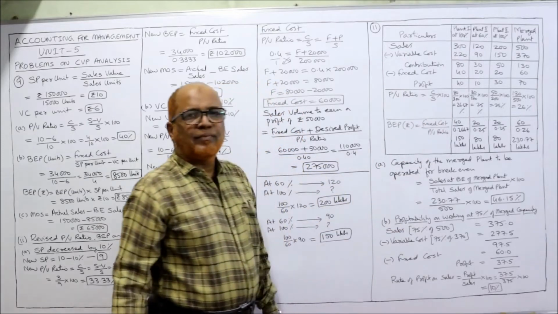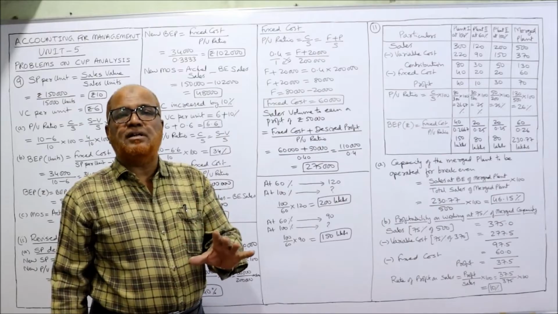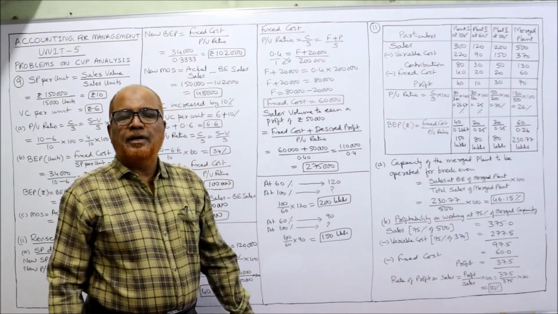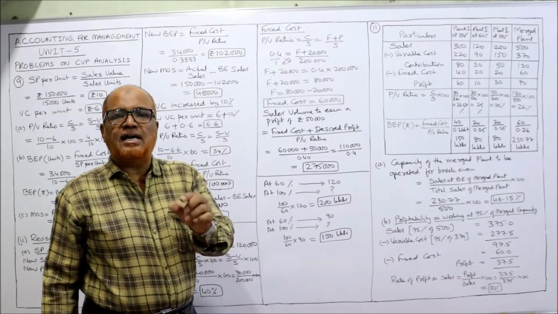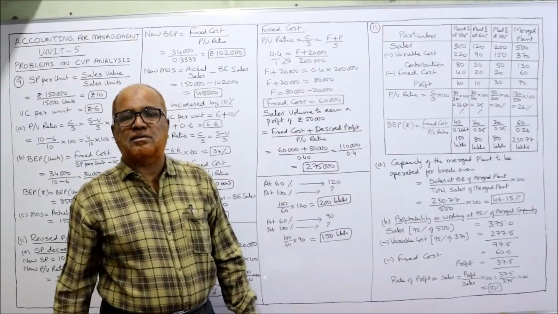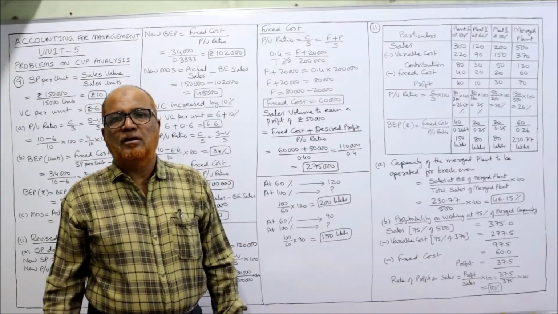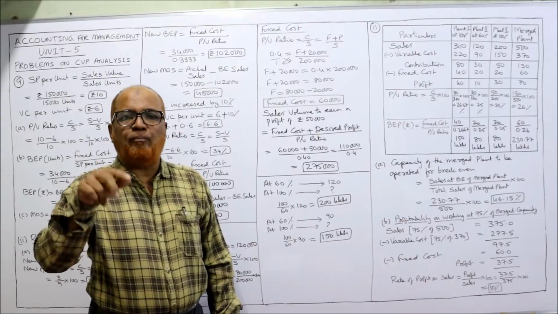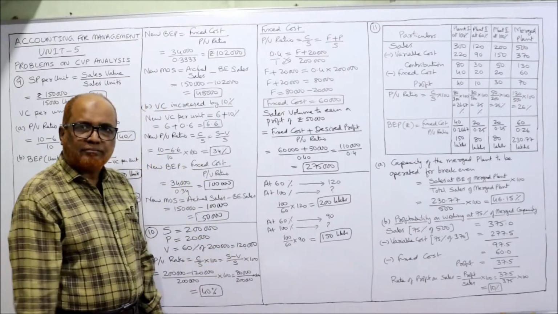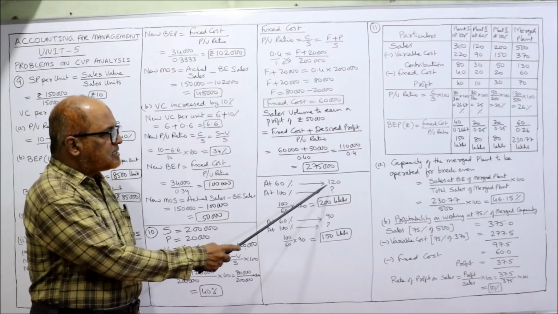Now, sales. In the problem, sales are given. Plant 1, 100% capacity, sales are 300. It is given in the problem. Whereas plant 2, sales are given as 120 lakhs at 60% capacity. But we don't require 60%, we want 100%. How much would be the sales of plant 2 at 100% capacity? Here, calculations are here. At 60% capacity, the sales are 120 lakh.